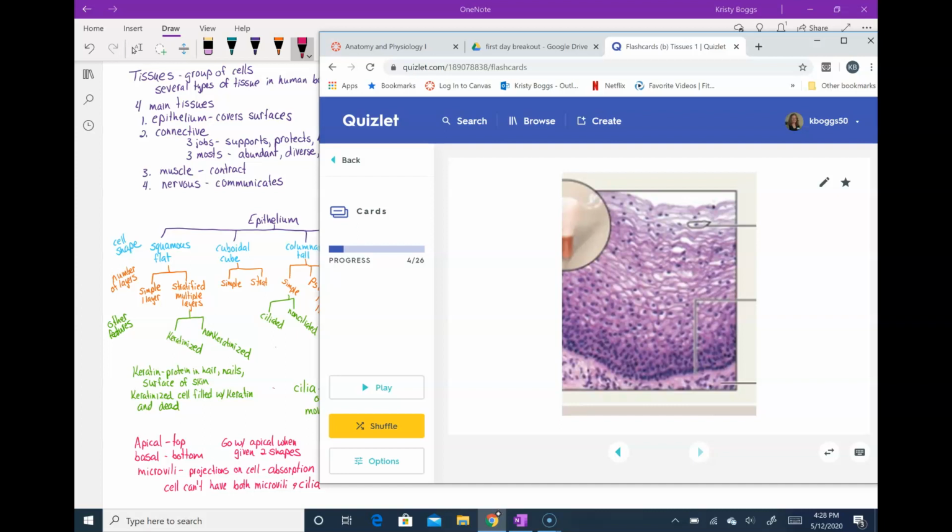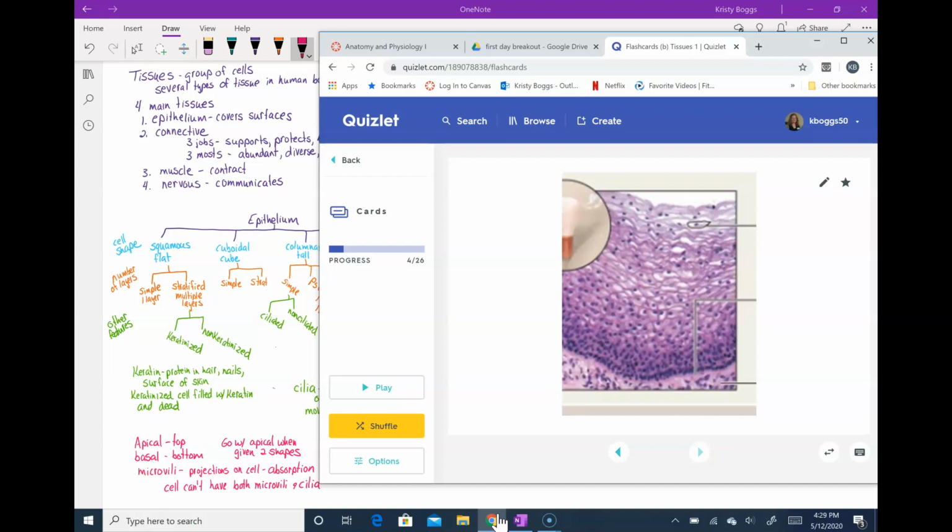Now notice whenever you have squamous stratified, you have to go down another branch and determine if it's keratinized or non-keratinized. In these cells, notice there's clear spots that you can see through. Notice also the dark purple dots, those are the nuclei of the cells. So we can see the nucleus inside the cell. There's clear areas where we can see through the cell.